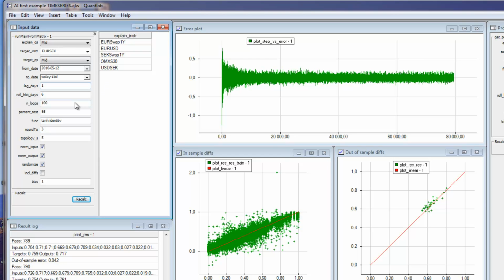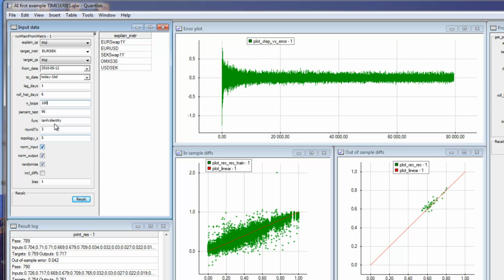In this example, we're running 100 loops using time series from yesterday's closing back to 2010, and we're running that 100 times. You can see the learning here. This is the error.